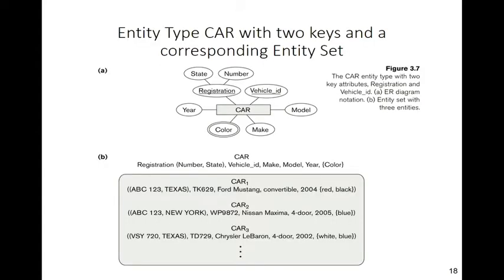All right, so if we look at our example here, we have our car, right? The car has a registration and vehicle ID that we have, right? Okay, the registration is made up of the state and the number associated with that, so it's right? So what's ultimately our composite key associated with this?